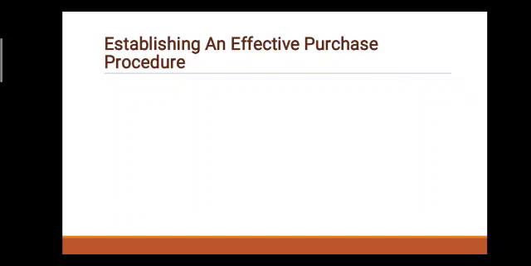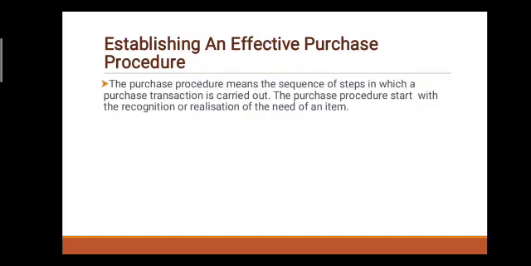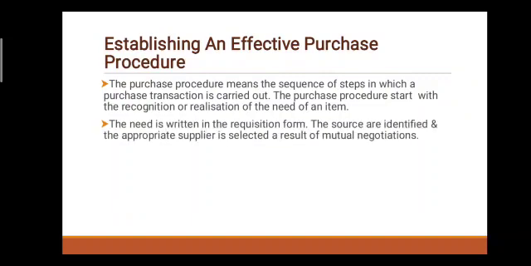Next point, establishing an effective purchase procedure. The purchase procedure means the sequence of steps in which a purchase transaction is carried out. The purchase procedure starts with the recognition or realization of the need of an item. The need is written in the requisition form.